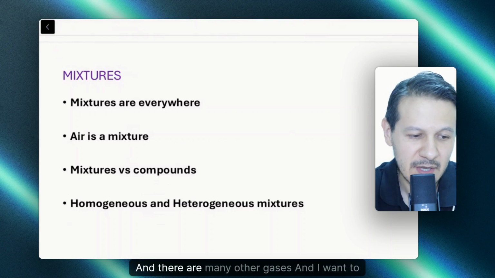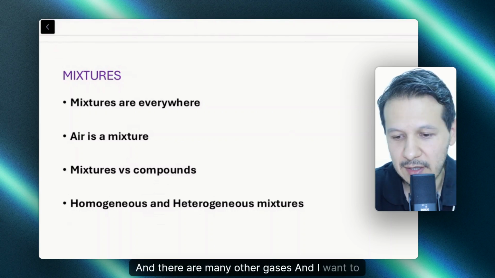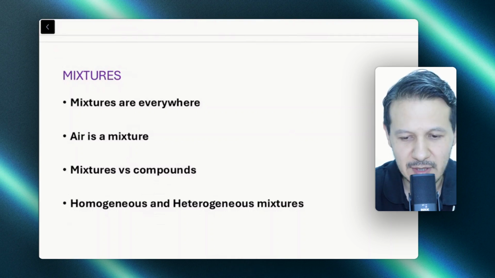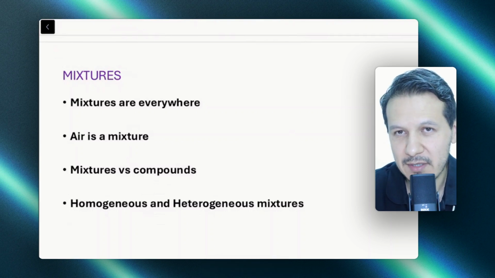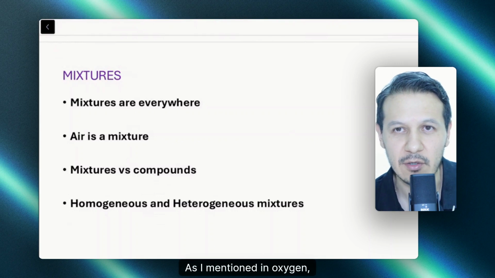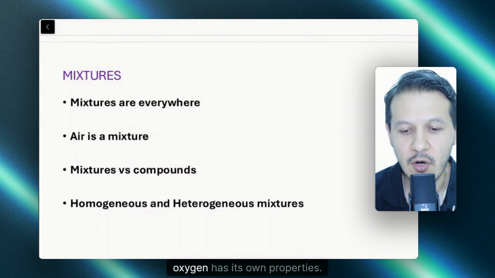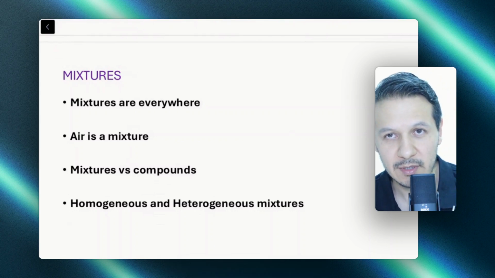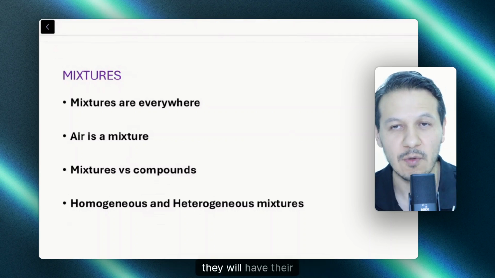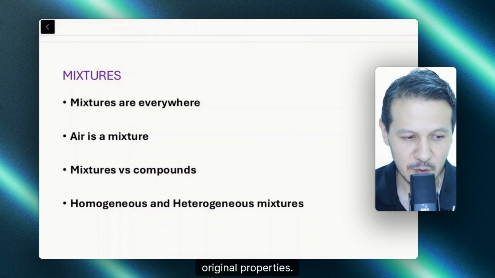And there are many other gases. I also want to explain that in a mixture, all the elements keep their original properties. As I mentioned, in air, oxygen has its own properties, nitrogen has its own properties, hydrogen has its own properties. They will have their original properties.